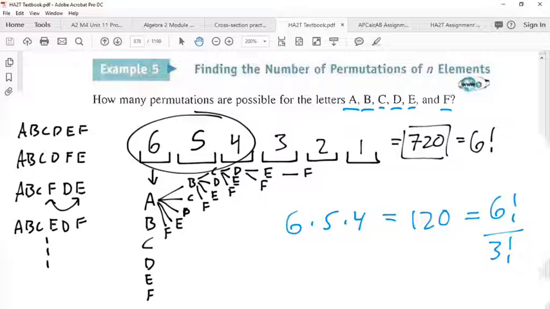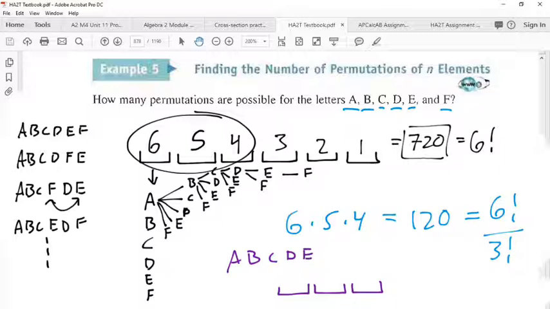Now, does that work for another scenario? Let's try this other scenario. What if there were 5 racers and we only chose 3 places, first, second, and third? How many options do we have for the first one?